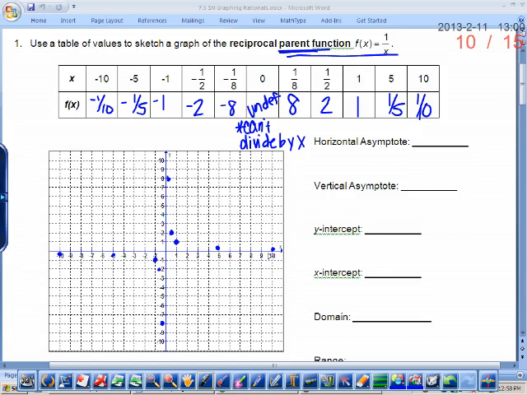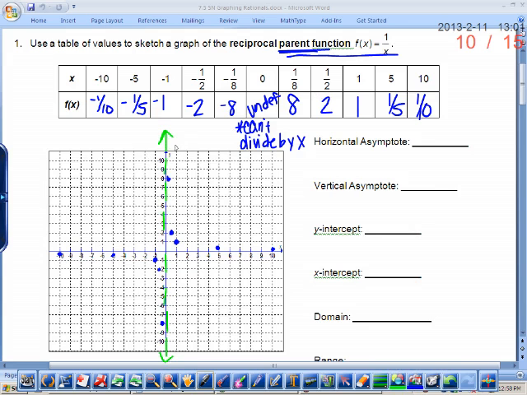Okay, so before you connect these points, we know something important happens at x equals 0. What happens to the graph? It's undefined, right? At x equals 0, the graph is undefined. What that creates at the line x equals 0 is an asymptote. An asymptote is a line that you approach.